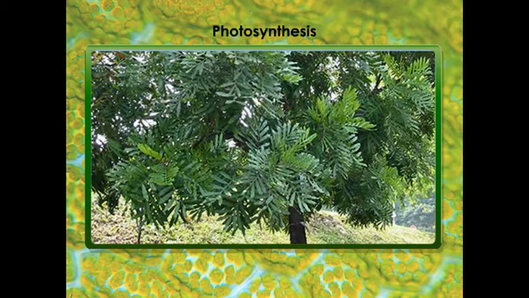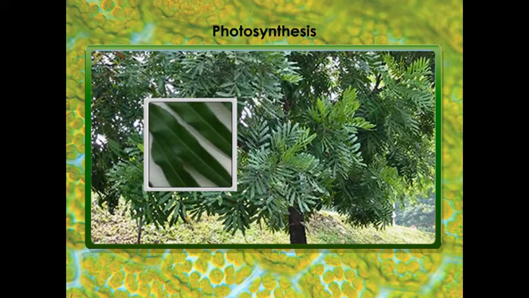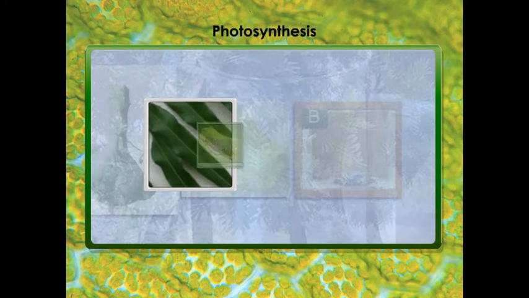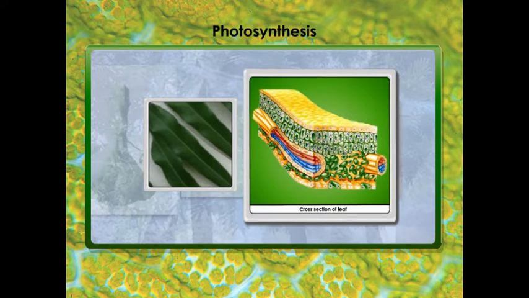Photosynthesis generally occurs at the leaves of the plants, where there are large chloroplasts. The graphic shows the cross-section of the leaf. Observe the graphic. Different types of cells are specialized in different things.